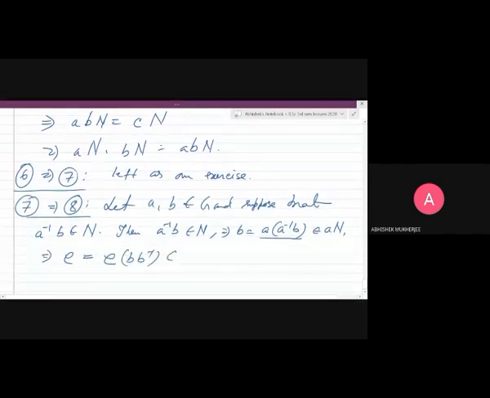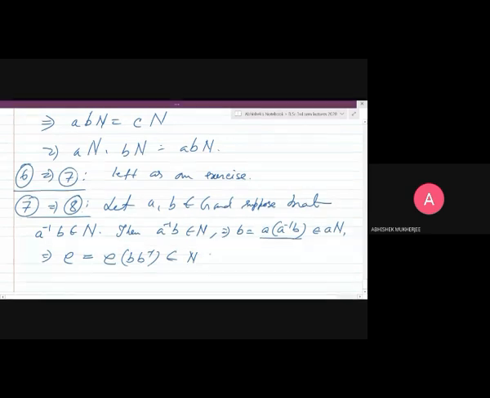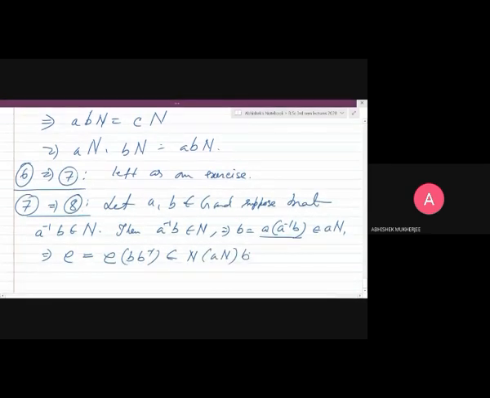That means E is in AN, B is in AN, and the rest is B inverse. So this is equal to AN times B inverse.